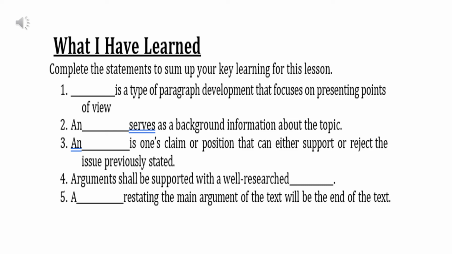Number four, arguments shall be supported with well-researched evidences. And number five, blank, restating the main argument of the text will be the end of the text. So we have there a conclusion. Restating the main argument of the text will be the end of the text. So those are our key learnings for the persuasive pattern on writing a paragraph.